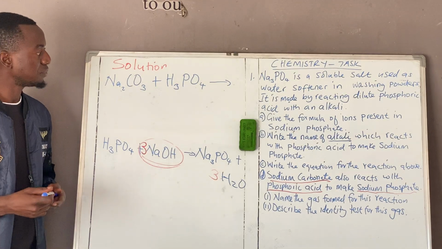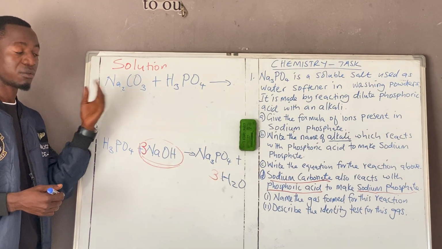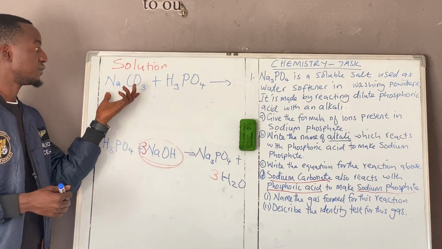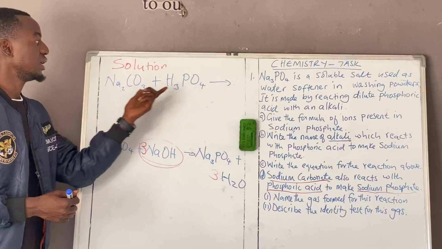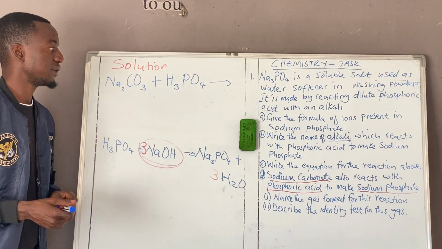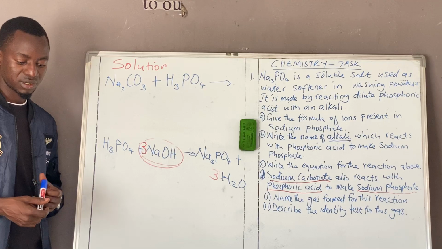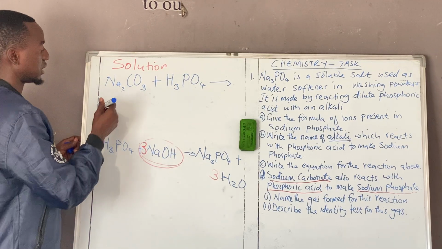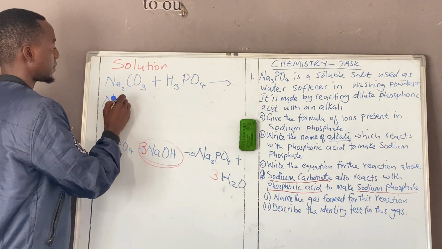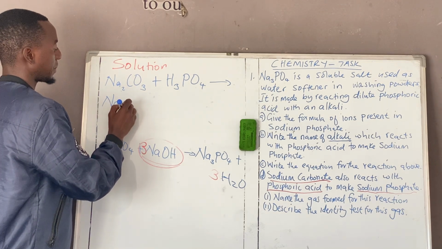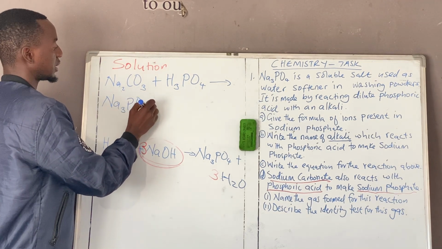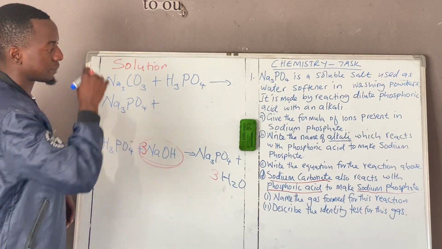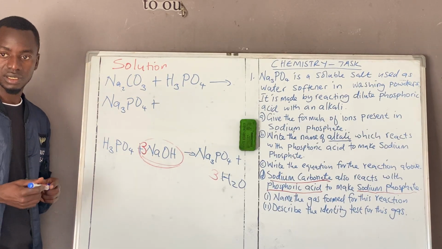So what will be the name of the salt formed when we have sodium carbonate reacting with the phosphoric acid? Sodium phosphate. So we have sodium phosphate plus what?